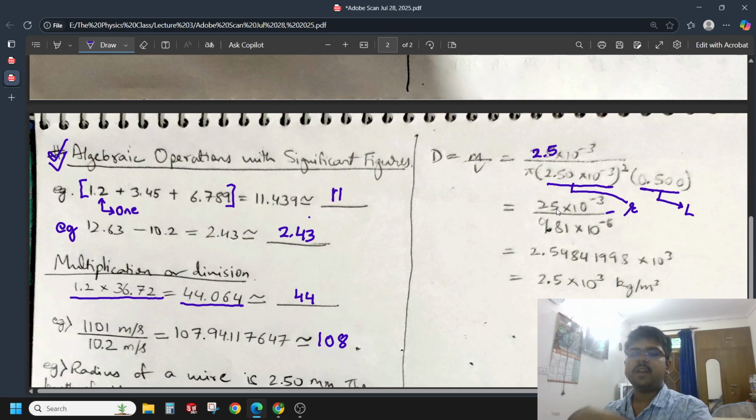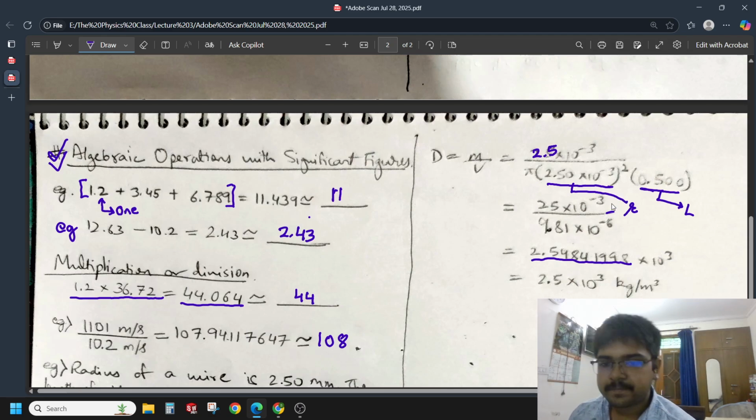Now after this, when we calculate the denominator, it will come as 9.81 into 10 to the power minus 6. If we calculate this whole figure, it will come as 2.54841998. So this is a very large number of digits. The least value in which the significant figures were given was 2.5, that is 2 digits. So we just take significant figures as 2.